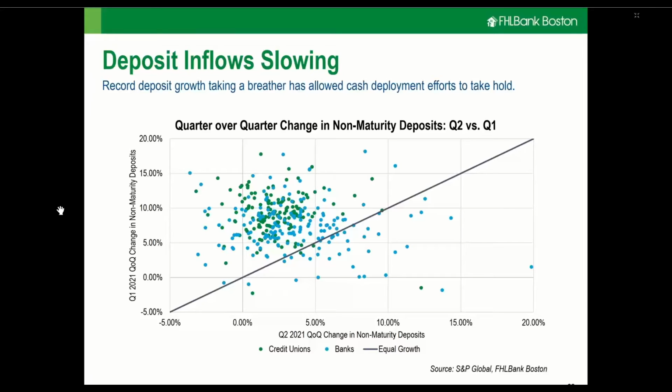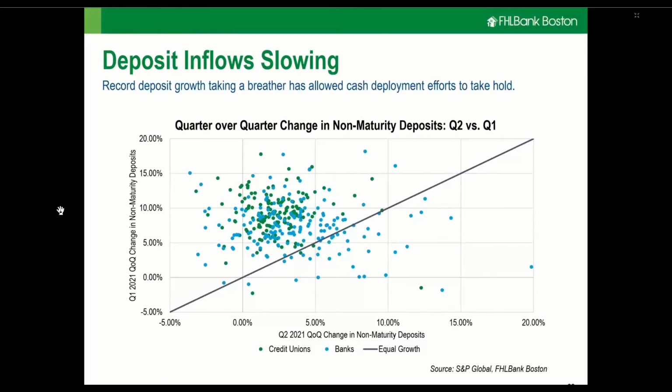That we have more of the dots above that line tells you that growth in Q1 far exceeded growth in Q2. So in terms of normalization of cash, no matter what you did on the asset deployment side, you were able to take a pause from that hamster wheel of the deposits kept flooding in and were counteracting any of the asset deployment efforts.